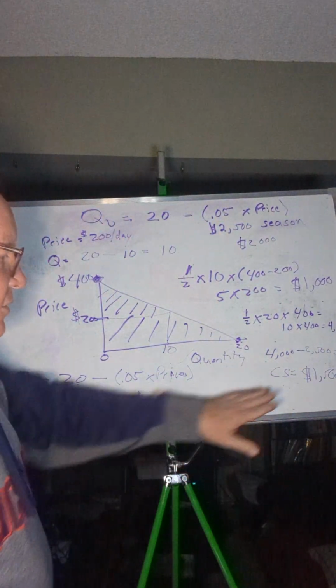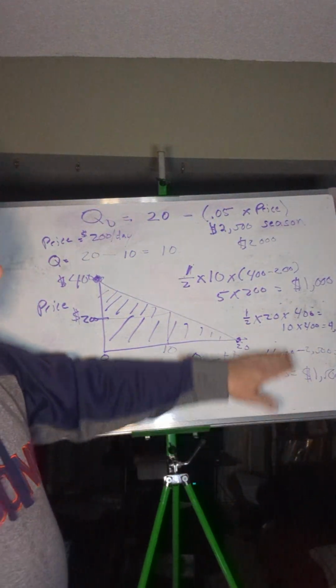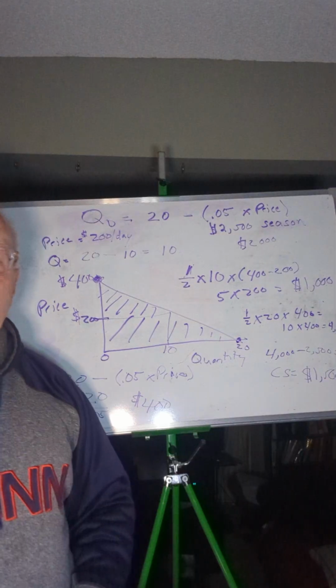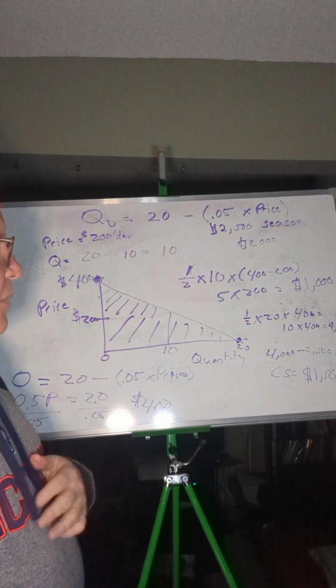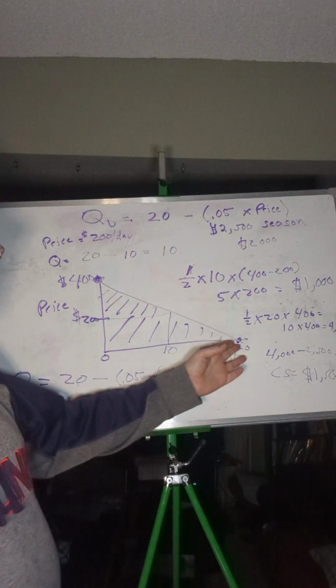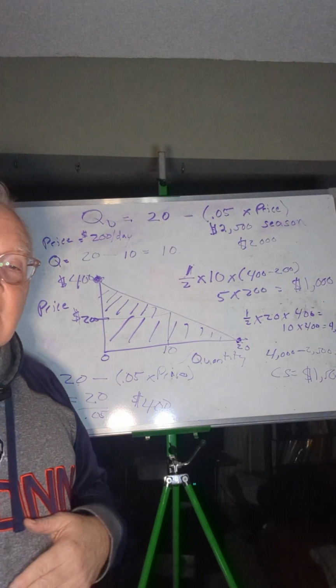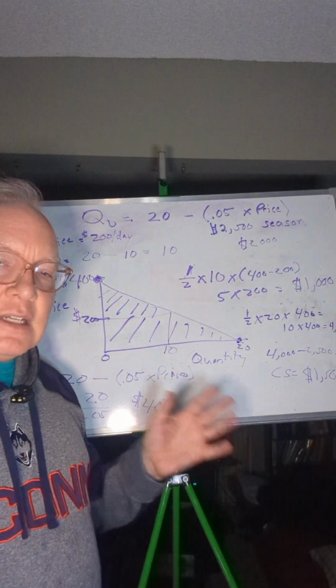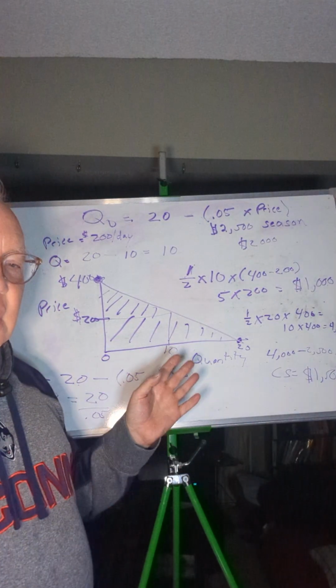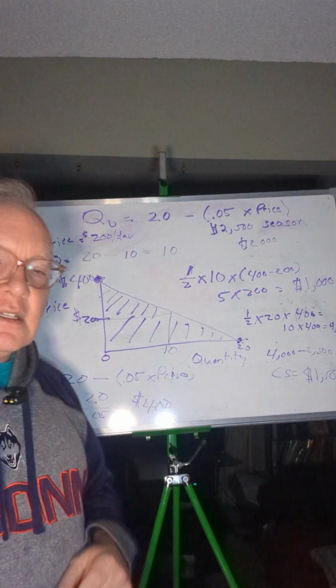And since $1,500 is greater than $1,000, we would say that the person should buy the annual pass, pay the $2,500, ski the 20 times, and they will get greater consumer surplus than if they just go on a day rate, pay the $200 a day, and only ski 10 times.